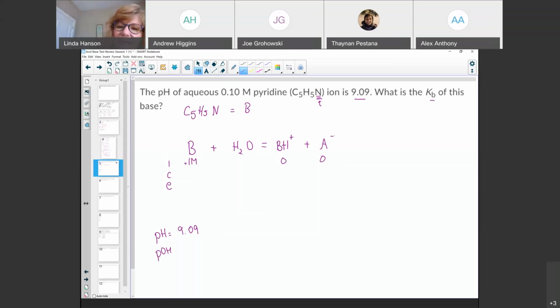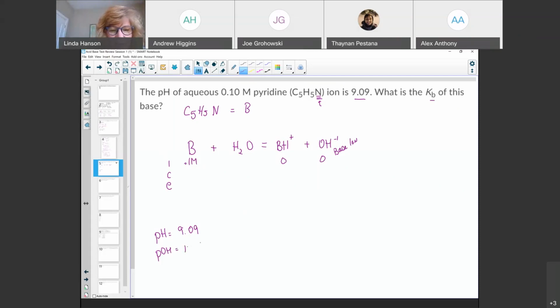Why did I write A negative? I'm so sorry, folks. I meant to write OH negative. There's the base ion right here. I'm sorry that I just noticed that. So thank you. I think A negative is what I write for acids all the time. So that makes it a little easier to see where the base ion is, the OH negative.